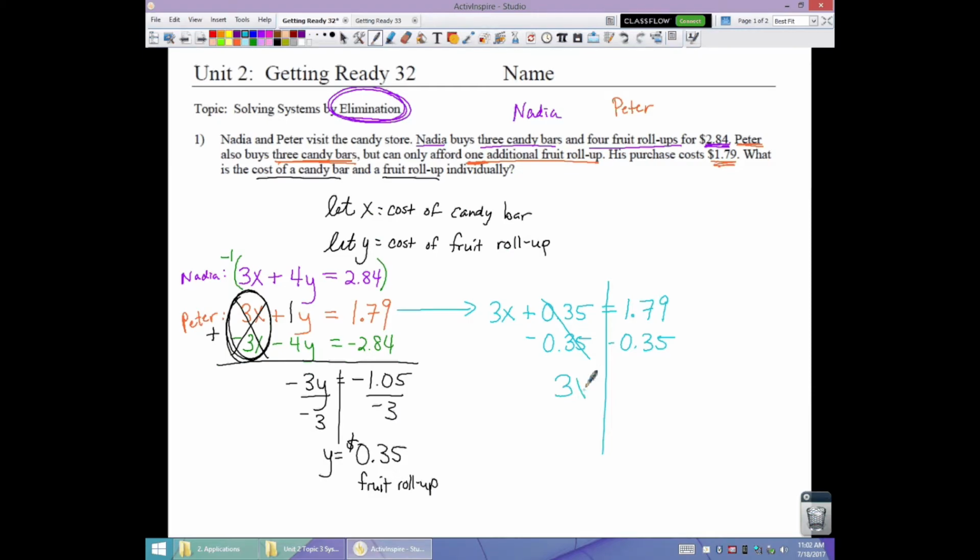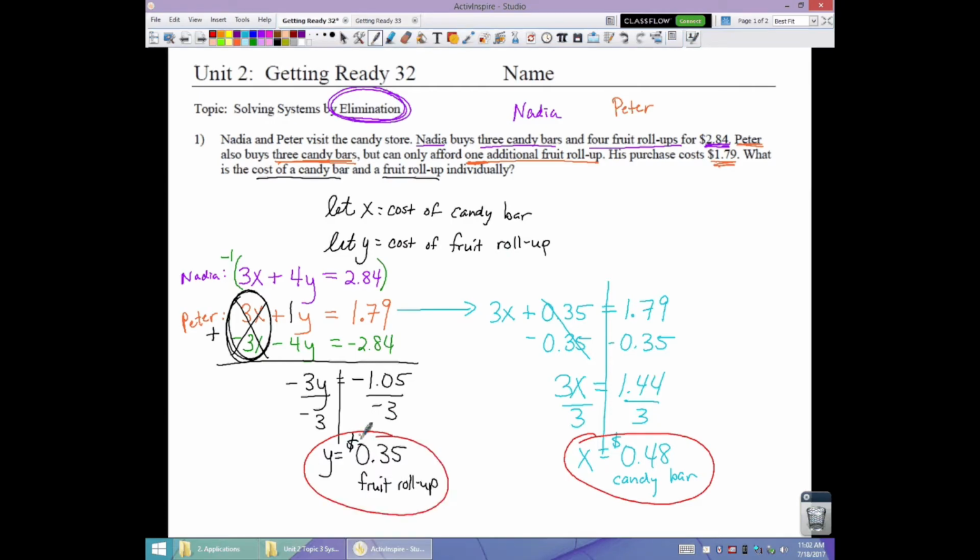So I am left with 3 candy bars cost Peter $1.44. $1.44 divided by 3 leaves me with x equal to 48 cents. So what does that mean? The cost of 1 candy bar was 48 cents. So my 2 solutions: a candy bar, 48 cents, a fruit roll-up, 35 cents.